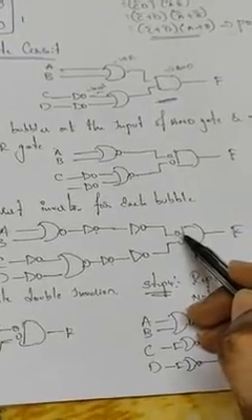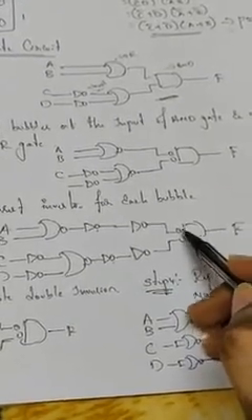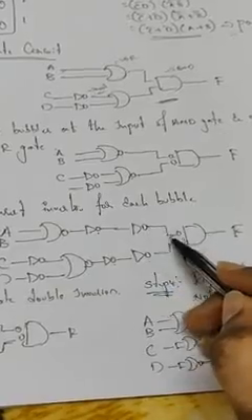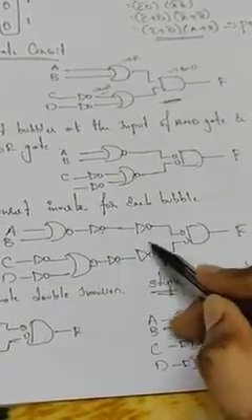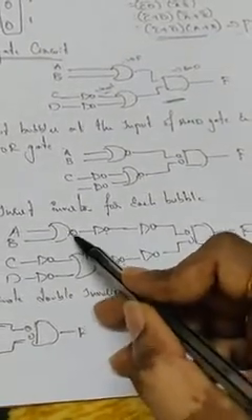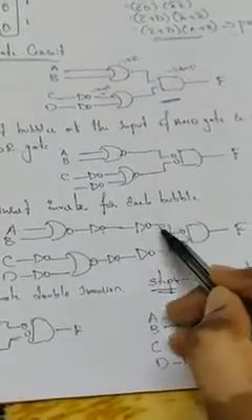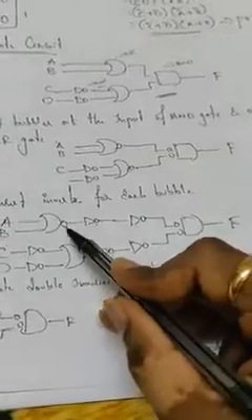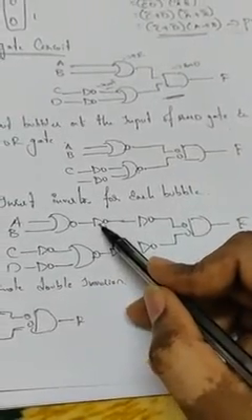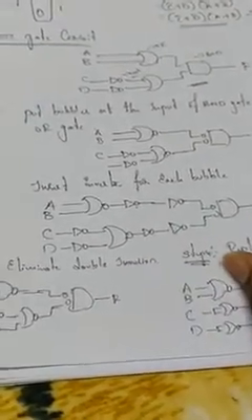You added a bubble behind the input of the AND gate, so the NOT gate should be just behind these bubbles. You added a bubble at the output of the OR gate, so the NOT gate should be in front of the OR gate output. This is an input, so behind the bubble. This is an output, so after the bubble you added, you're supposed to add the NOT gate. So this is your second step.